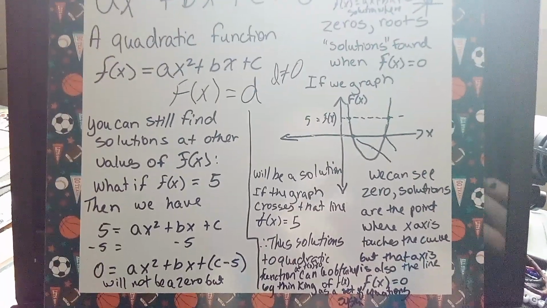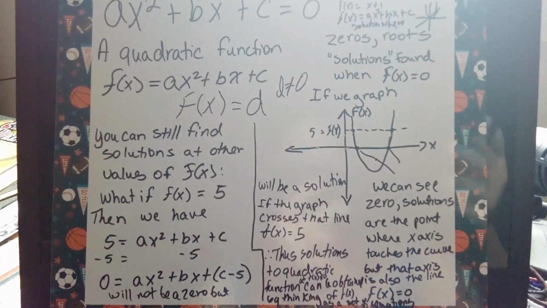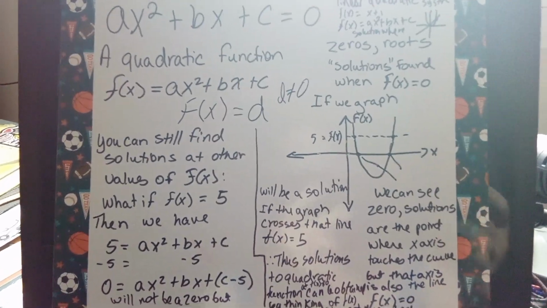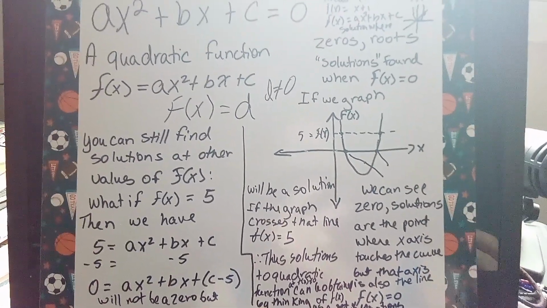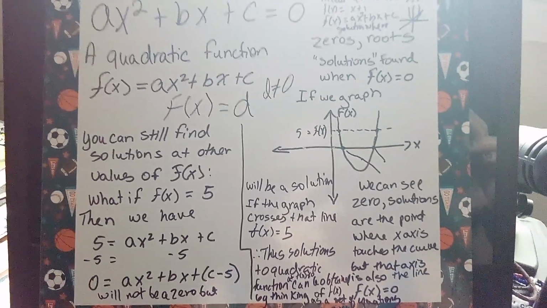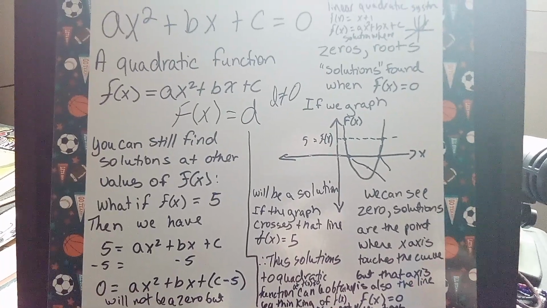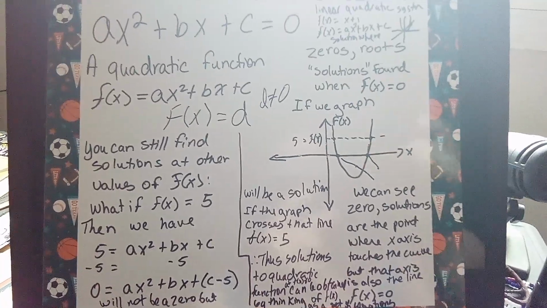When it comes to a linear function, f of x equals x plus a constant. When we set up the value of y, what we're looking for is the point where the line touches the graph. That's what we're looking for.